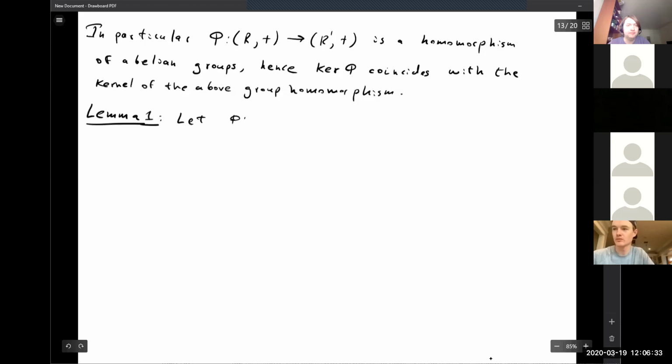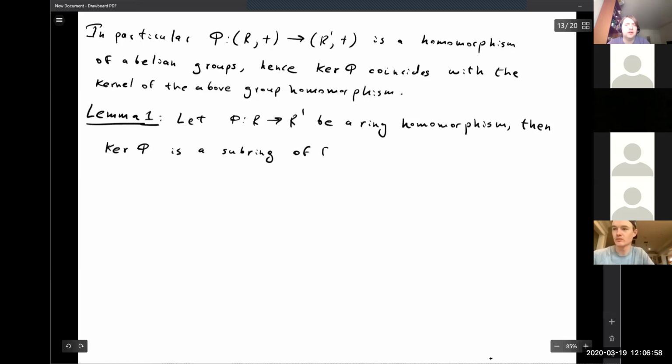So let phi from R to R prime be a ring homomorphism. Then the kernel of phi is a subring of R.